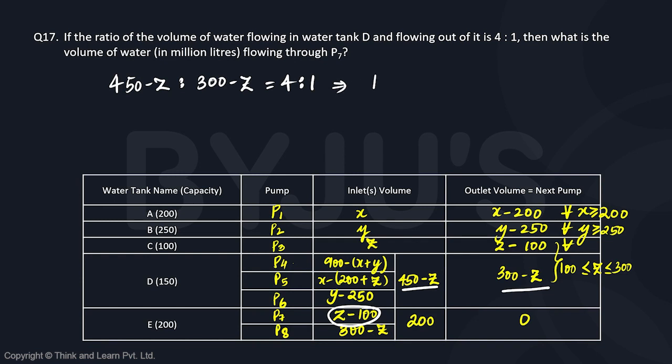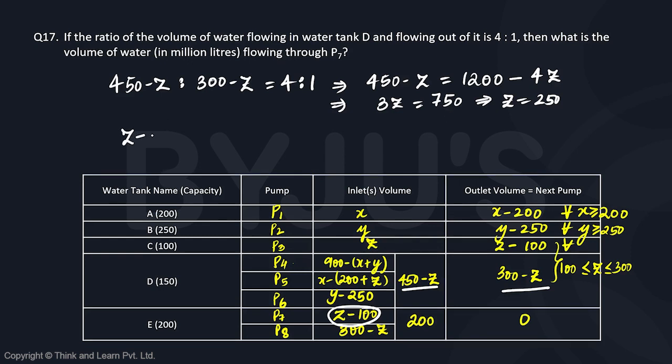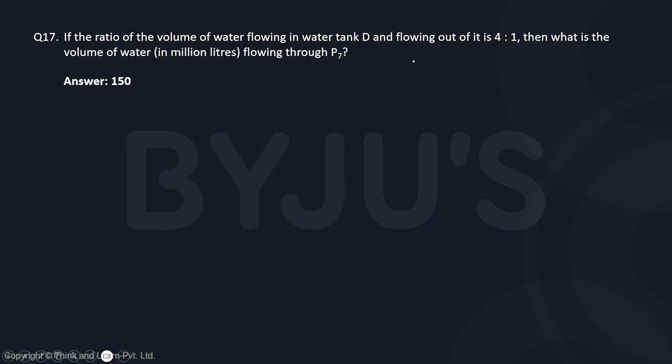Cross multiplying, 450 minus Z is equal to 4 into 300 minus Z, which is 1200 minus 4Z. Rearranging, 3Z is equal to 1200 minus 450, which is 750. This gives Z as 250. So Z minus 100, the one that is asked, is 250 minus 100, which is 150. Since it's a TITA question, we type in 150. 150 is the answer.